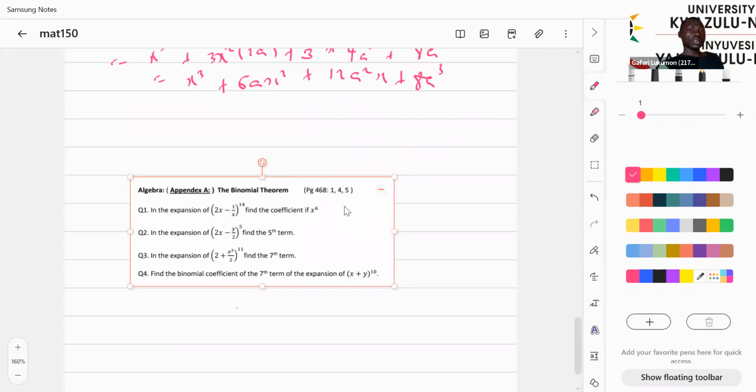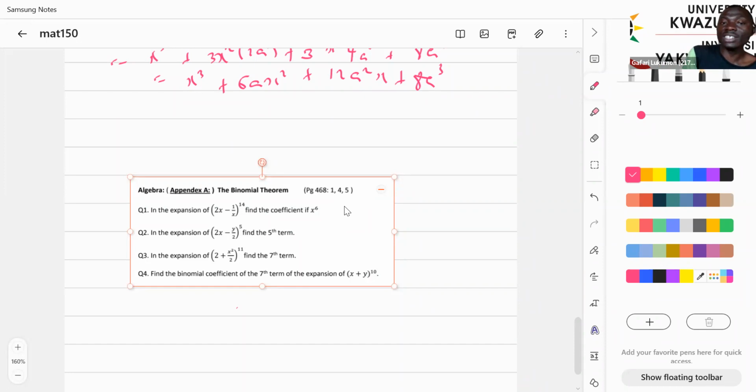Find the coefficient of s raised to 6. Anybody who has an idea? Guys? So that is s raised to 6. How do you find it?